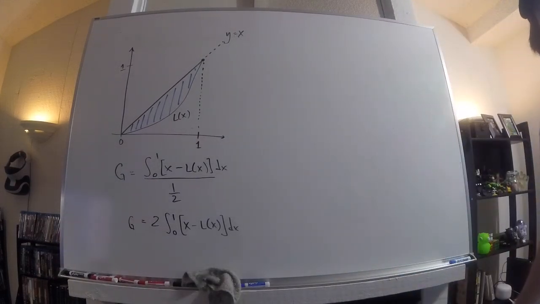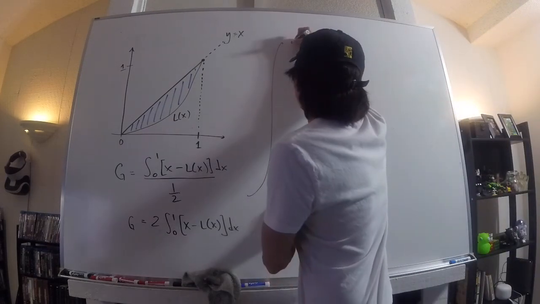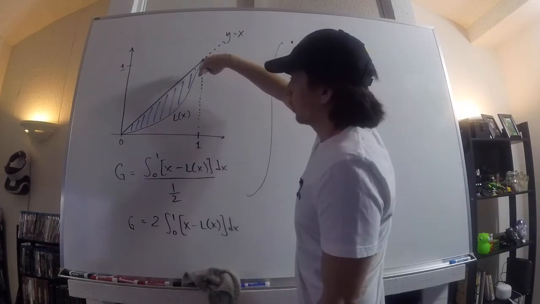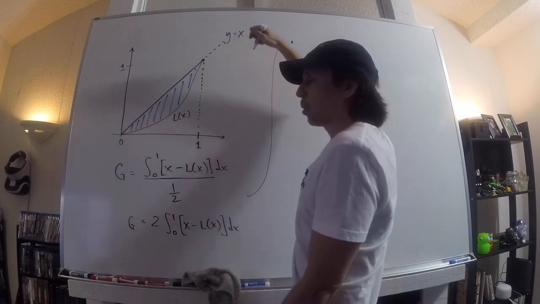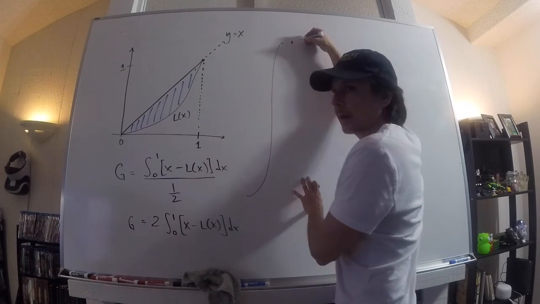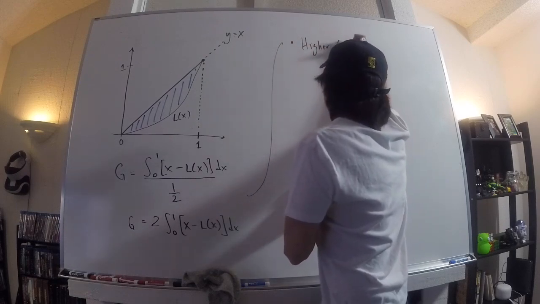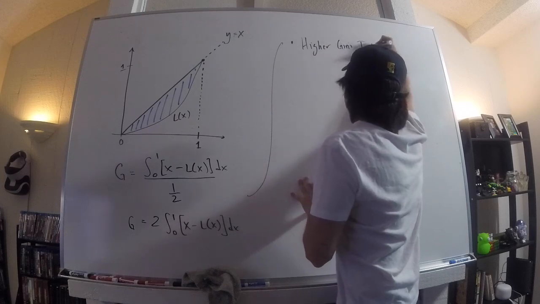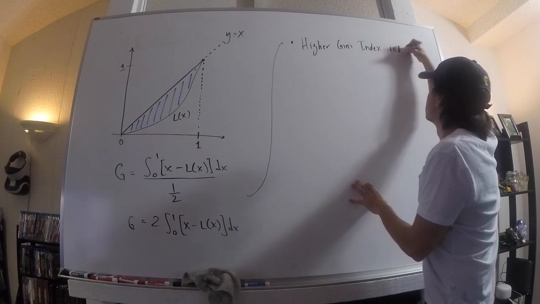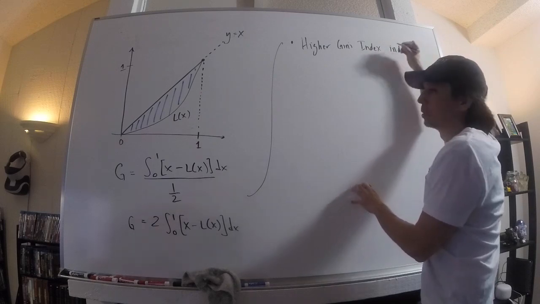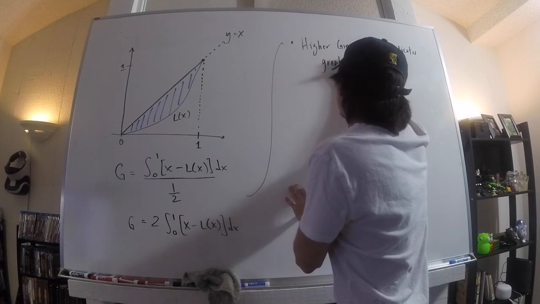Okay, let's do a couple of these. Oh, and let me just mention, bullet point: we saw there that the bigger that area was, the worse the equality. So to note, a higher Gini index indicates greater income inequality.